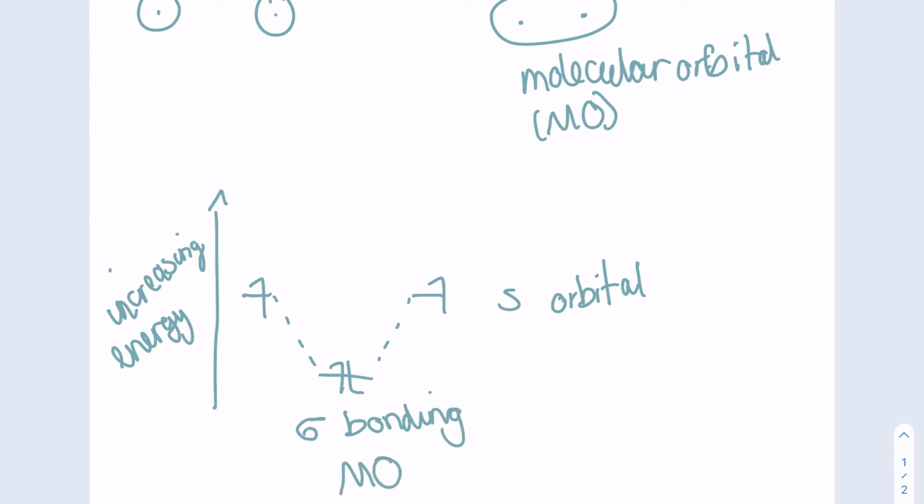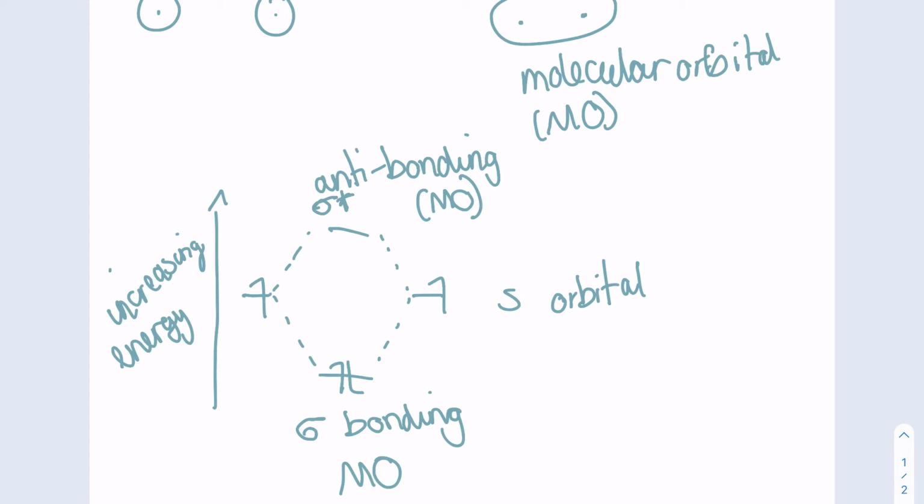It also makes something higher in energy as well. Now we can call that the anti-bonding orbital. And instead of being a sigma bond, we call it a sigma star, just to distinguish between the bonding and the anti-bonding. The anti-bonding is higher energy.